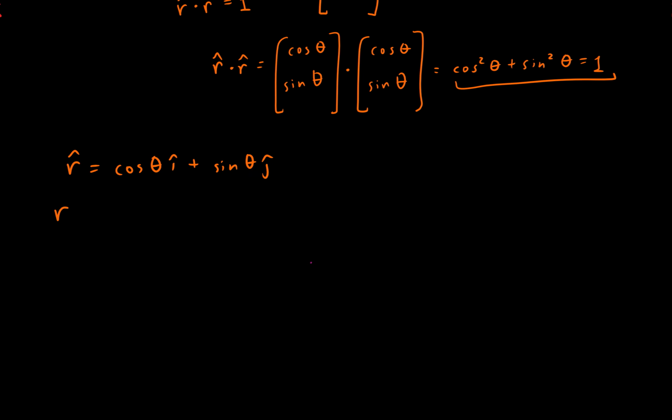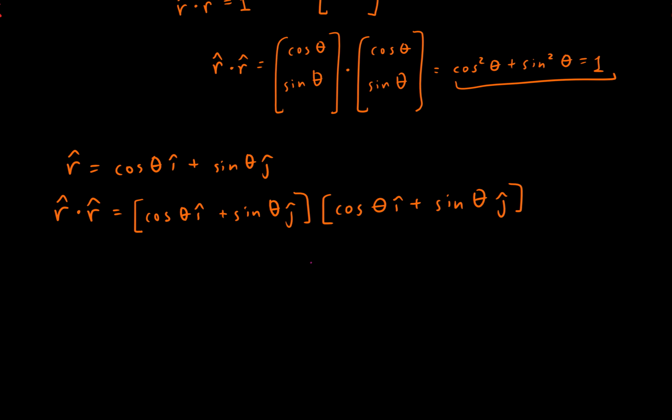And r dot r is equal to cosine theta i hat plus sine theta j hat multiplied by cosine theta i hat plus sine theta j hat.